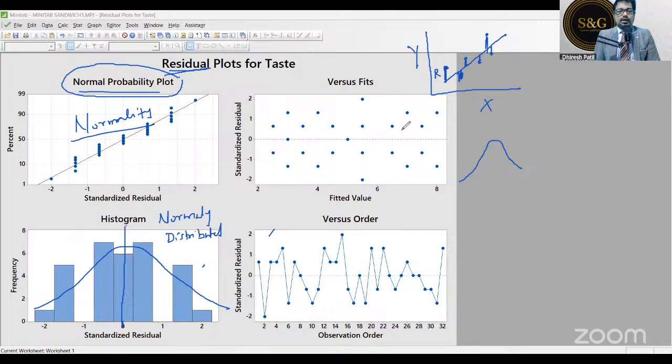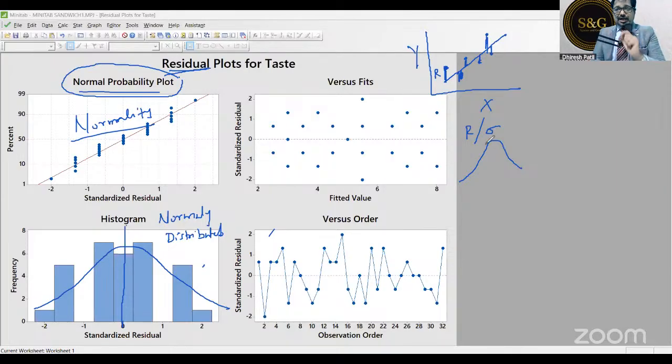Okay. Second one is called standardized residual. Now, this is just for our understanding. What is standardized residual? Residual divided by standard deviation is called standardized residual.